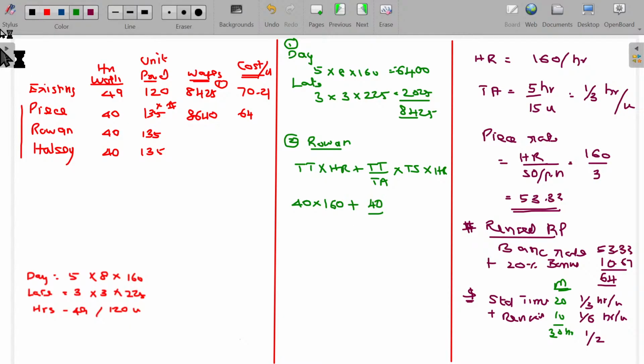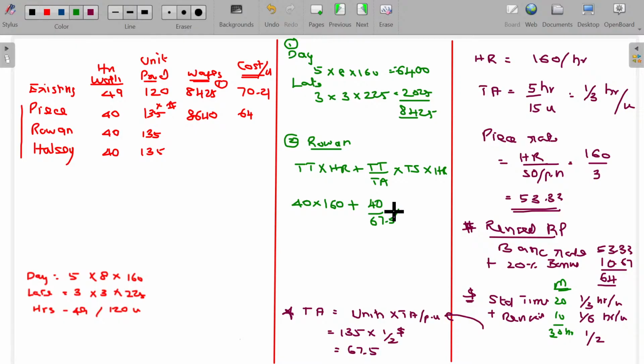What is the time allowed? Time allowed in this case is equal to units produced into standard time per unit. Units produced being 135, standard time allowed per unit being half an hour. So naturally 67.5 will be the time allowed. So here time allowed being 67.5, time saved being the difference between these two, 27.5, hourly rate being 160.